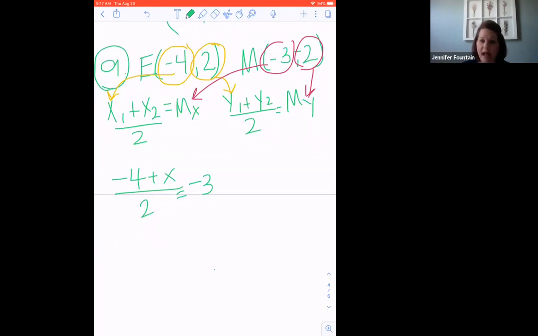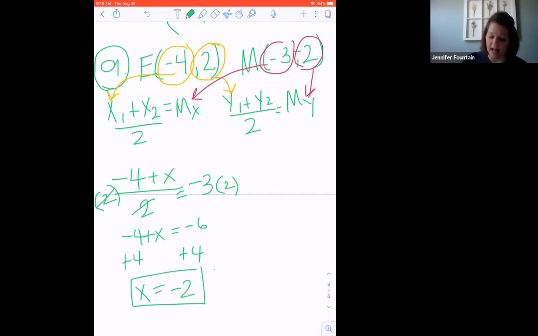If I have a fraction and I'm solving for a variable that is in the numerator of my fraction, I have to get rid of the denominator first. So that means I've got to multiply both sides by 2. These 2's are going to cancel. -4 plus x is equal to -3 times +2 will be -6. Now I'm going to add 4 to each side because my 4 is negative on the left-hand side. So x is equal to -2.